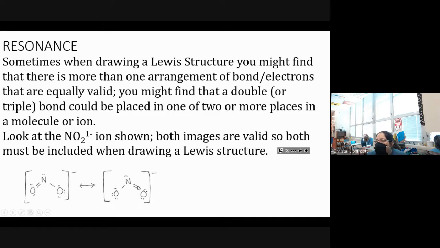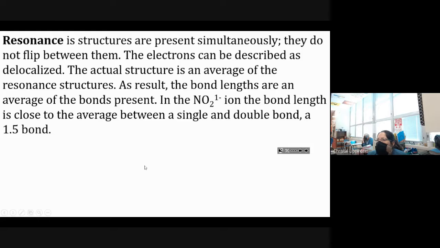Bond length here, we would count how many bonds we have and how many bond sites. So it's number of bonds divided by bond sites. So here I've got 3 bonds divided by 2 bond sites. Do you see that? So 3 divided by 2 is 1.5. Okay? So that's how we get the 1.5.